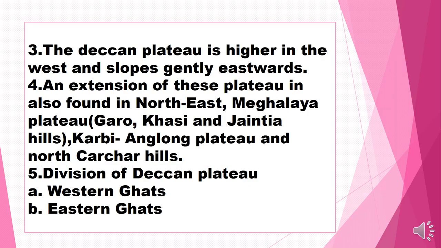Eastern Ghat is located near the Bay of Bengal, and its highest peak is Mahendragiri, 1501 meters, and its average height is only 600 meters. So these are the features of the Peninsula Plateau.